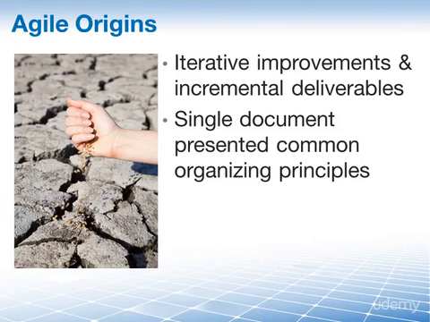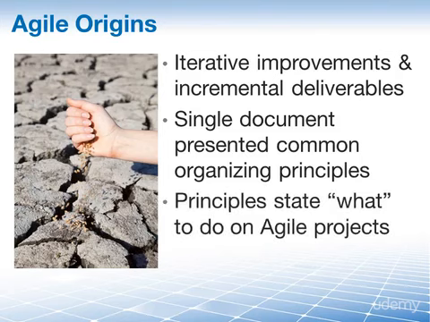One aspect of the Agile Manifesto that stands out is that it is written at a very high level. This is important because all of the methods that make up the manifesto's common organizing principles state what to do, but not dictate specifically how to implement these principles.